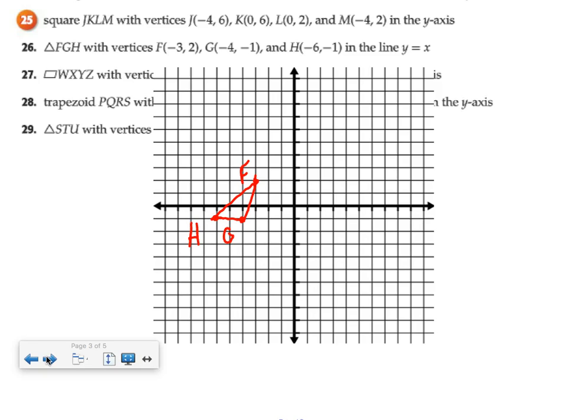Okay, so maybe you need help remembering what is the line y equals x. Well, the line y equals x, you guys, is just if x is 1, y is 1. If x is 2, y is 2.